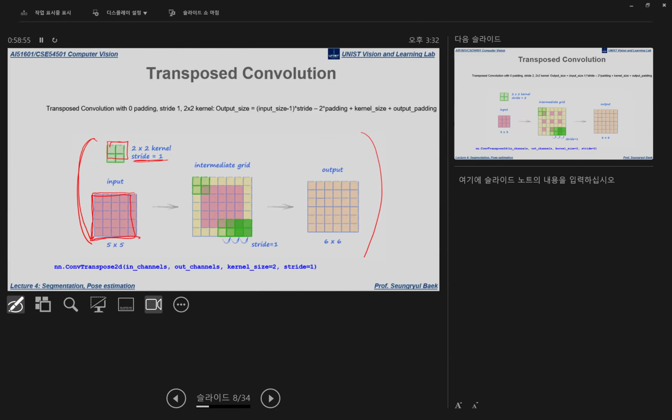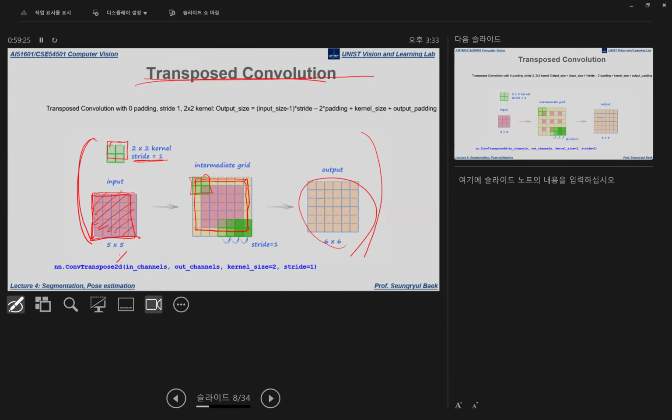Then in the transpose convolution, we by default apply one zero padding around the images. So these pink colors are the input images, okay? And by default, when doing transpose convolution, we apply one zero padding and then the convolution operation to get the output image.